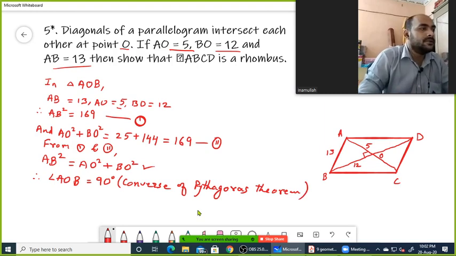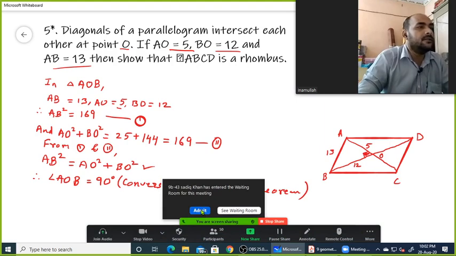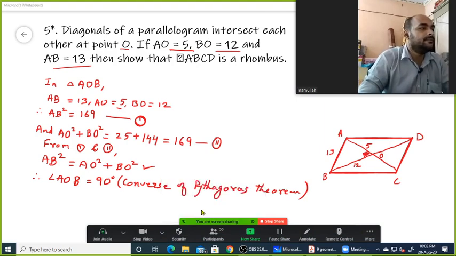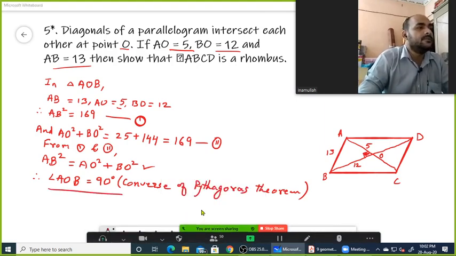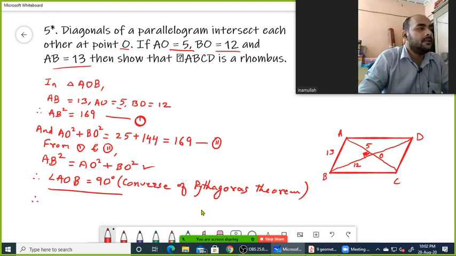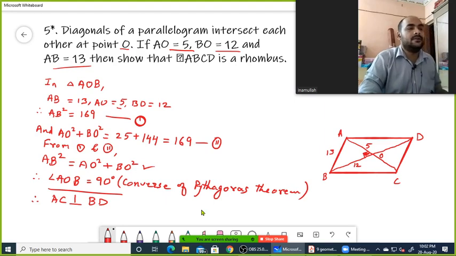So this angle AOB, we're talking about this angle, is 90 degrees now. On the basis of this information I can say therefore AC is perpendicular to BD, and AC and BD are diagonals of quadrilateral ABCD.